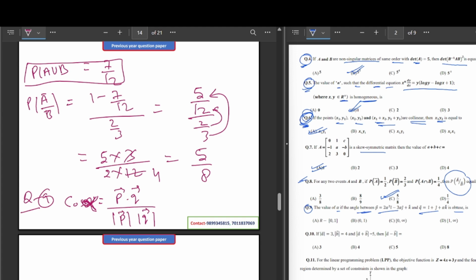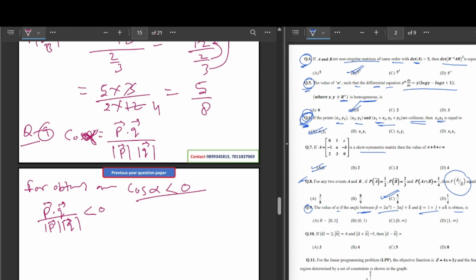So cos alpha will be, for an obtuse angle, cos alpha should be less than 0, because that angle is obtuse. So if cos alpha is less than 0, we can write it like that: vector p dot vector q over magnitude of vector p and magnitude of vector q is less than 0.